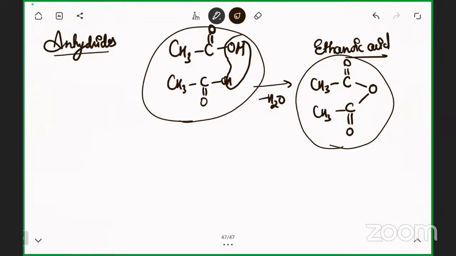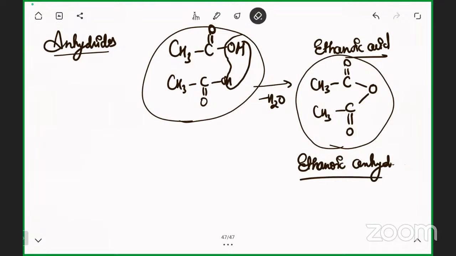Since this compound is formed from ethanoic acid, it is known as ethanoic anhydride. That's it. You write like this. Clear? So you'll use the parent name and then write anhydride at the last.